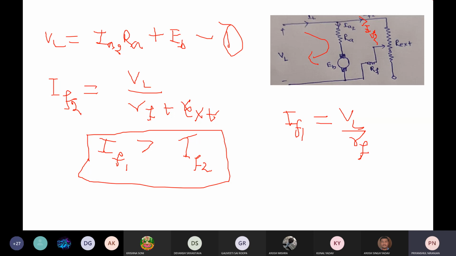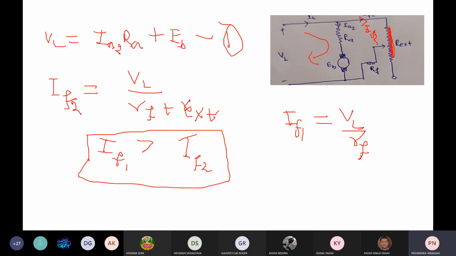In that circuit, when we connect the external resistance, if the external resistance has some value, IF2 is always less than IF1. The equal condition is when the external resistance is 0. So this becomes the original circuit, if we short-circuit this part.